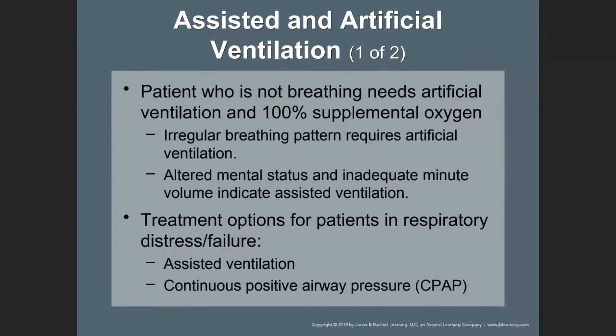A patient who is breathing, but whose minute volume is not adequate, will get assisted ventilation, and minute volume can be affected by the patient's chest rise and the rate of their breathing. Treatment options for patients in respiratory distress or failure include assisted ventilation, continuous positive airway pressure, or CPAP.